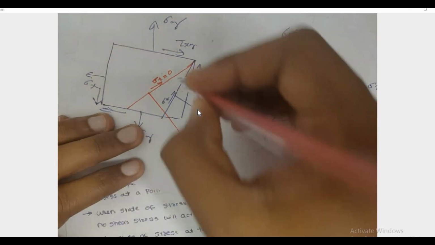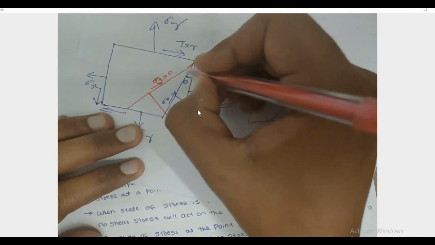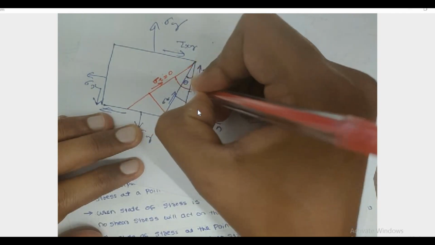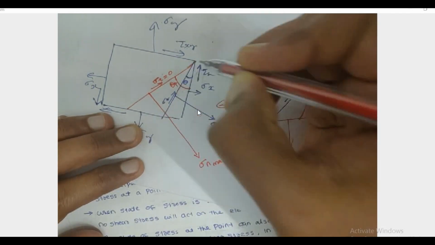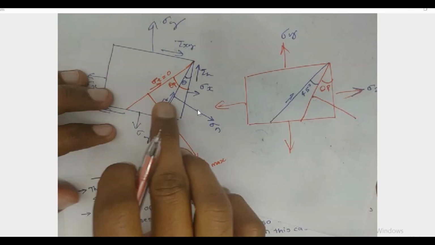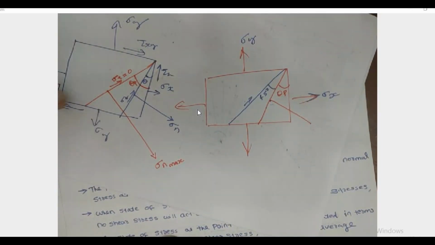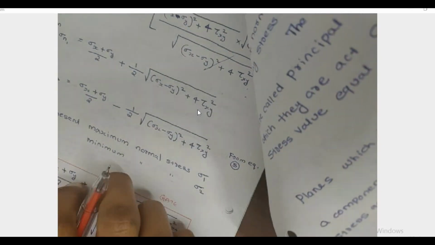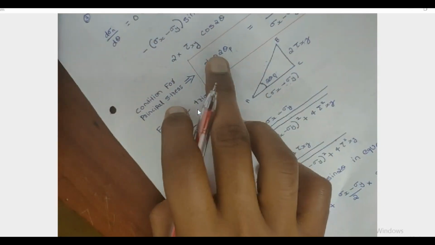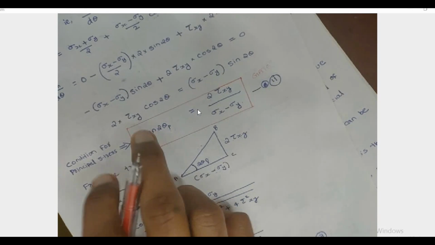The angle between the vertical and this plane is theta p. To calculate theta p, or the position of the principal plane, this is the formula. The 11th formula.